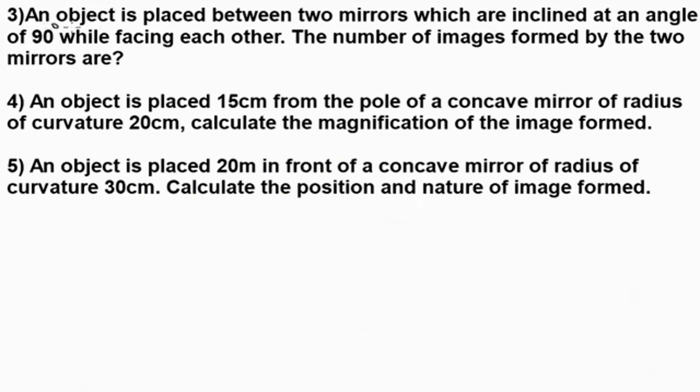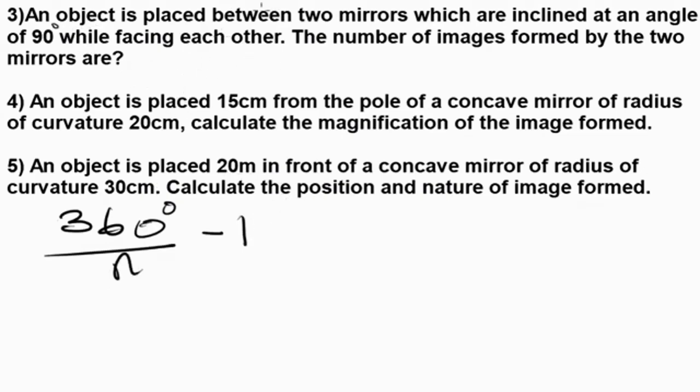Question 3 says an object is placed between two mirrors, which are inclined at an angle of 90 degrees while facing each other. The number of images formed by the two mirrors is? We have entered mirror questions now. To get the number of images formed by mirrors, this is the formula you apply: 360 degrees over n, minus 1, where n is the angle of inclination of the mirrors.